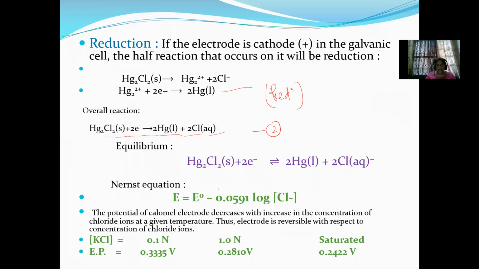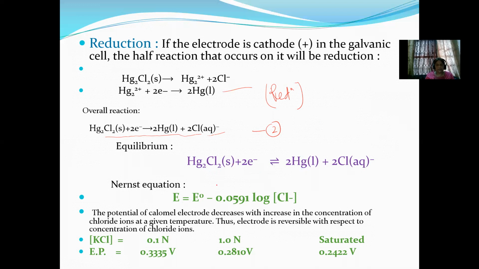Okay. So for any kind of reference electrode, you must explain in this fashion. If it is anodic, what is the reaction, how the electrons are liberated. If it acts as cathode, how the electrons are consumed, and then compare the two reactions, you'll find that they are reverse of each other, and we can write this reverse reaction, and that is the equilibrium reaction. Equilibrium between the salt and the mercury.